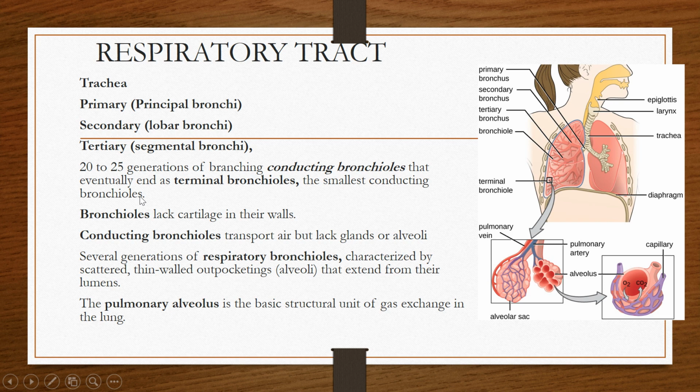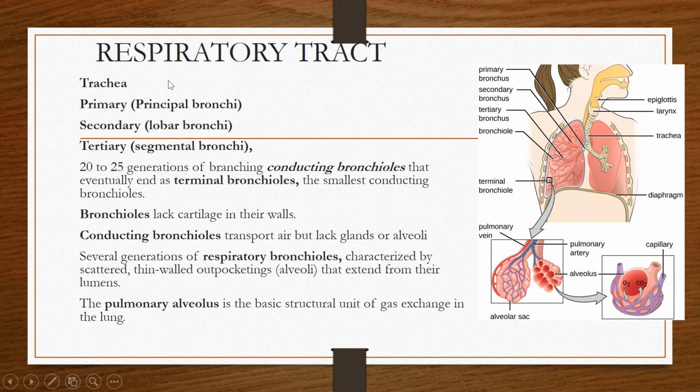You should know that there are 2 types of bronchioles. One are conducting bronchioles. Conducting means they only conduct the air up till the respiratory bronchiole. And when the respiratory bronchiole starts, this is the respiratory part and the conducting part also, but mainly this is the respiratory part where the exchange of gases will take place.